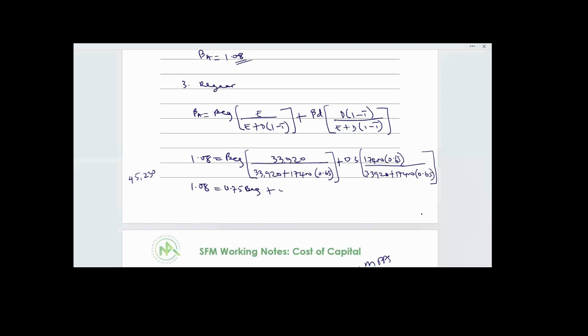Here is 0.075. Okay, so collect like terms.